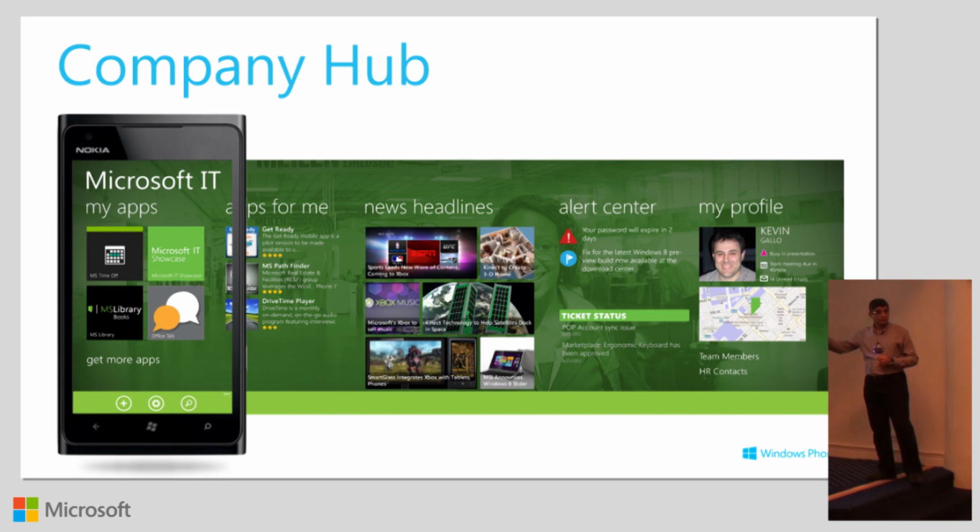This is the company hub. Here we have an application for Microsoft IoT. It lists all the applications that I have under the hub. It gives me news information, headlines for the company, any alerts, my profile. So this is something that you can use to build your own company applications, right? And this is unique to each organization.